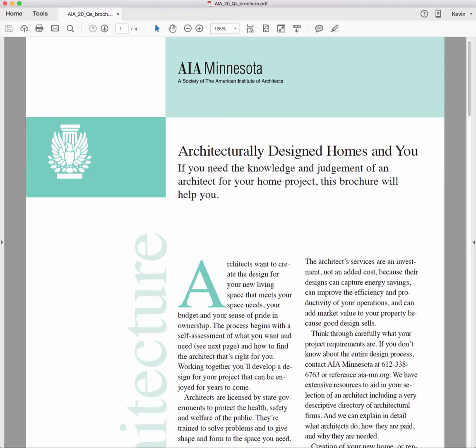Now, some people might say, okay, Kevin's pointing me at an architect, so a systems analyst is probably a systems architect.